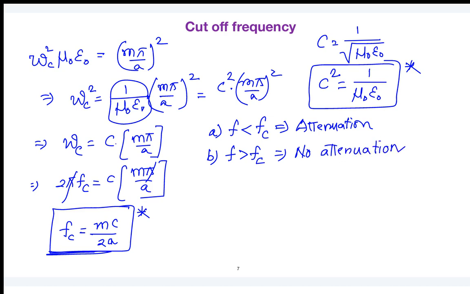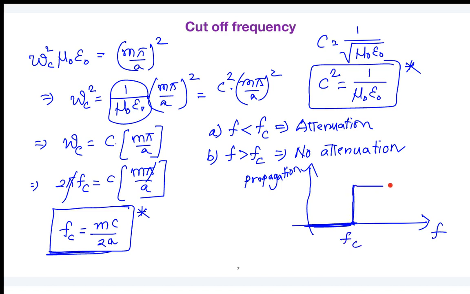When you see the propagation characteristics, let us say this is your propagation aspect and this is your frequency. When the frequency is below the cutoff frequency, there is no propagation, and when the frequency is above the cutoff frequency, there is no attenuation. Can you tell me what kind of characteristic it is?